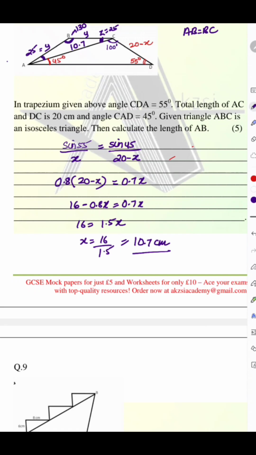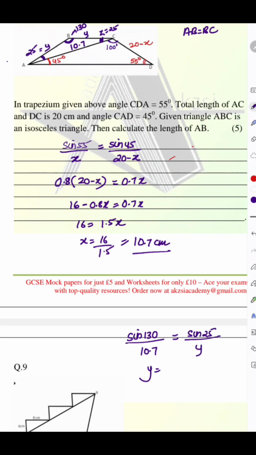So applying sine rule, it will be sine of angle 130 and opposite side, it's AC, which is 10.7, equals sine of 25 and opposite side we have assumed to be y.